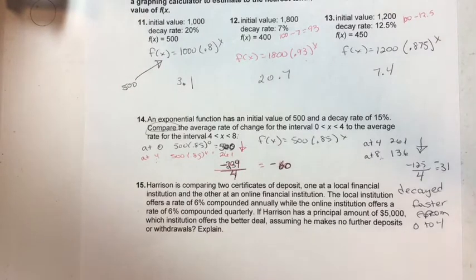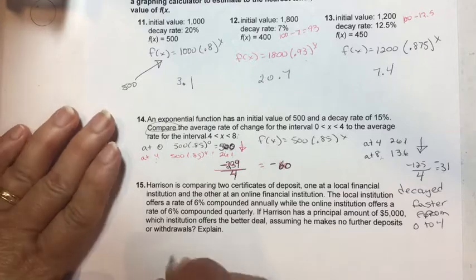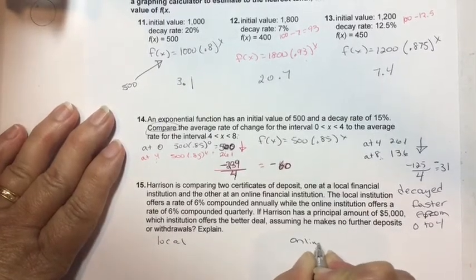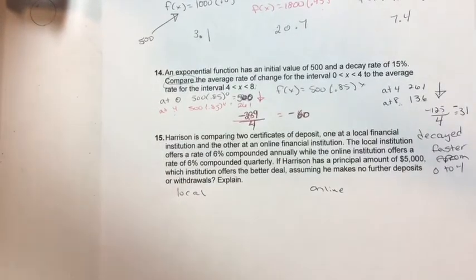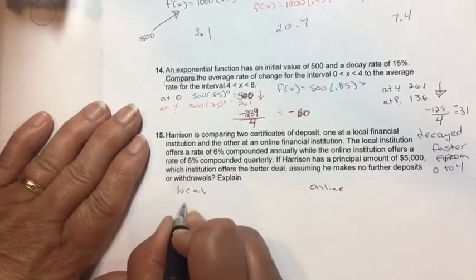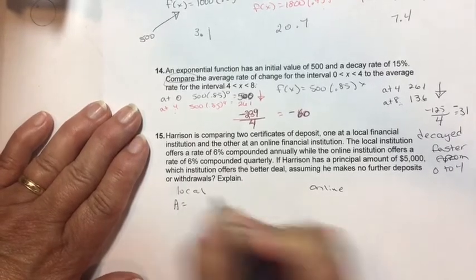Okay, the last question. Harrison's comparing two CDs, one at a local institution and one at an online institution. All right, he needs to know who's going to give him the better deal if he's just going to make one flat deposit. Okay, let's think about the amount that he's going to get at the local bank.